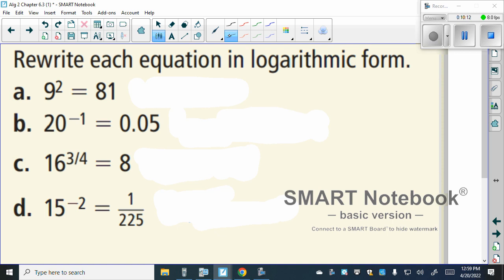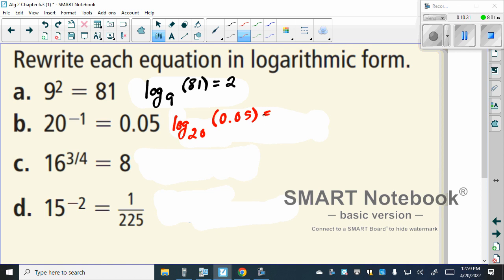9 squared equals 81 would be log of 81 is equal to 2. The next one would be log base of 0.5 or 0.05 equals, yeah.